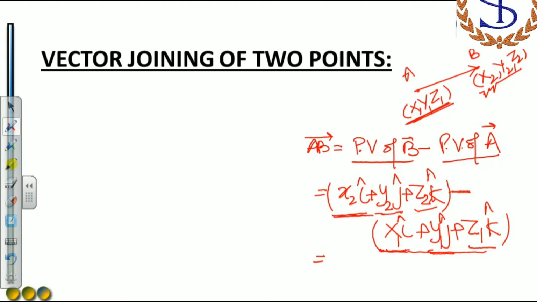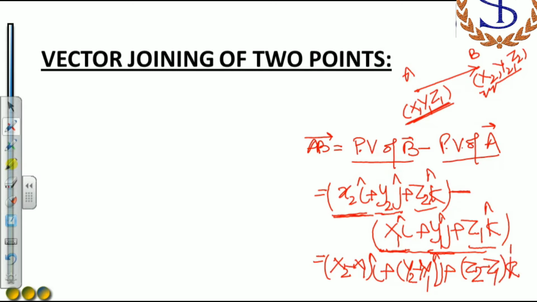In the end, we will get x2 minus x1 times i cap, plus y2 minus y1 times j cap, plus z2 minus z1 times k cap. So this is the AB vector.